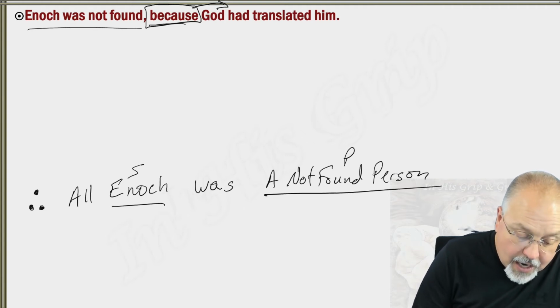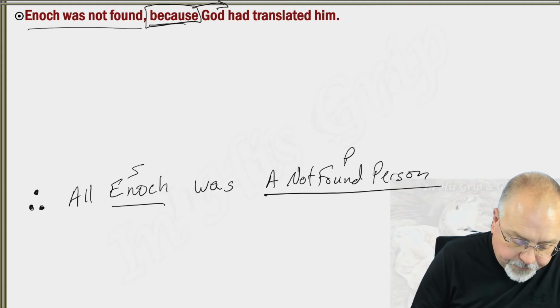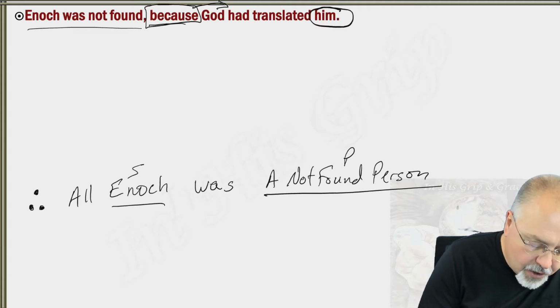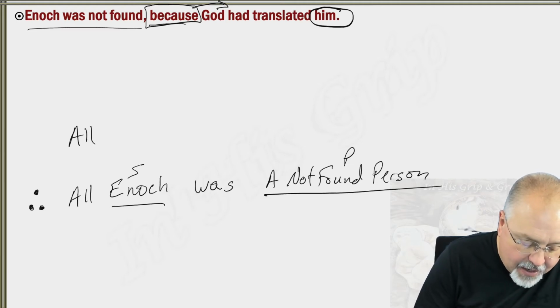So, God had translated him. Okay? Here we go. All God... Now here's the thing. God had translated him, but him is Enoch, right? And so Enoch is here. So here we go. Let's go. All, and again, if we're going to do AAA1, Enoch is going to need to go in this first position, right?